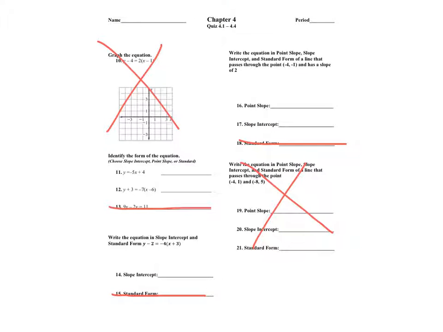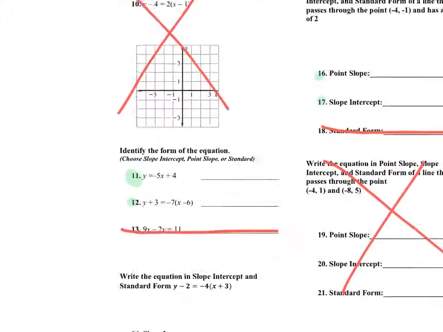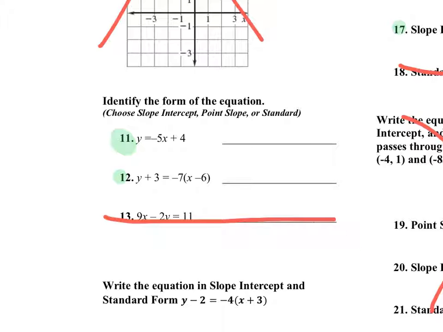Okay guys, page 2 of the quiz, this is what it looks like. You're simply going to do 11, 12, 14, 16, and 17 now. Okay, so let's zoom in and talk about these. On number 11, you've got a choice.